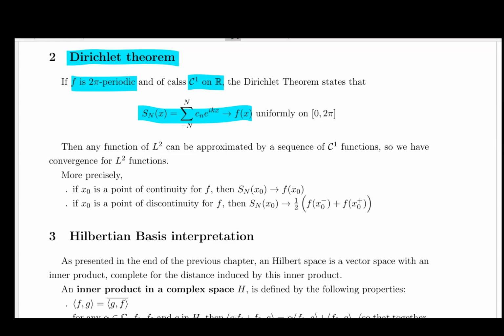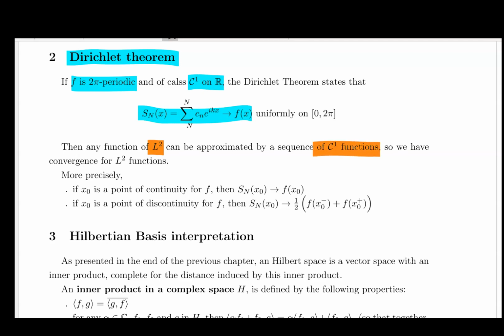Well, whatever. We don't need that kind of subtlety this year. But then, when you have defined the Lebesgue integral and functions from L2, or functions from L1, so square integrable functions, then you know that any function of L2 can be approximated by a sequence of C1 functions.